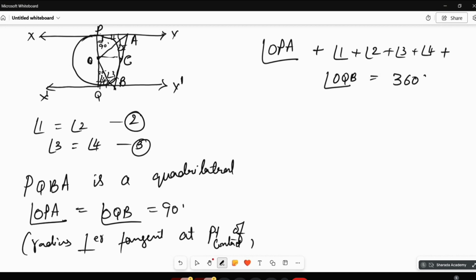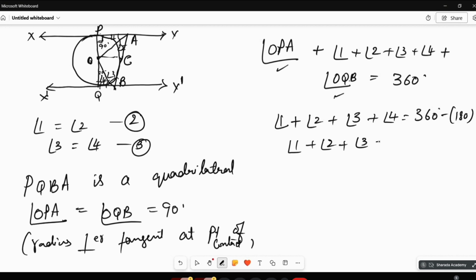So these two are 90, 90, and 1 plus 2 plus 3 plus 4 all together is 360. So I can write 1 plus 2 plus 3 plus 4 is equal to 360 minus 180 degree, because 90 plus 90 is 180, and when it goes to the other side, it is minus 180. So what will you get? 1 plus 2 plus 3 plus 4 is equal to 180 degree.